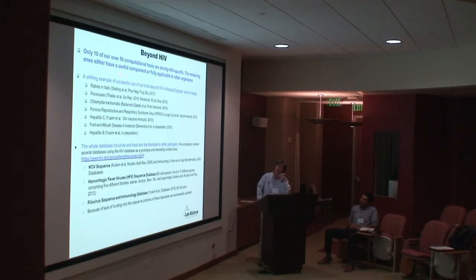So the story I'm going to talk about later in the day is an example of the tools that we developed for HIV that are useful elsewhere, and that's the Mosaic Vaccine project. And so to date, these different vaccines have been made with this method.